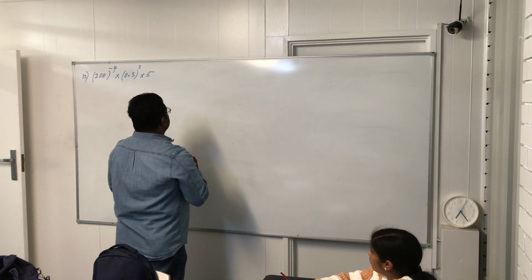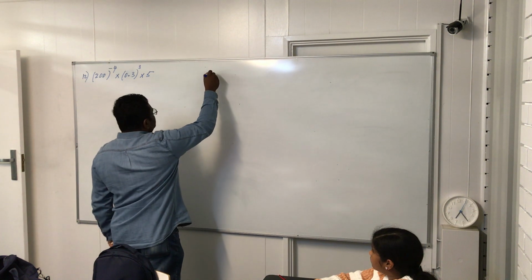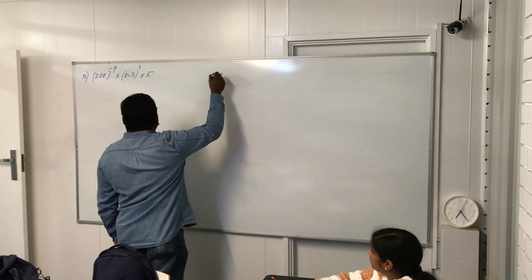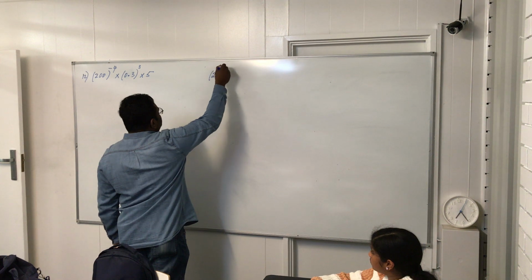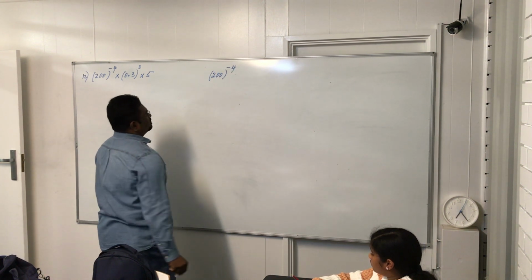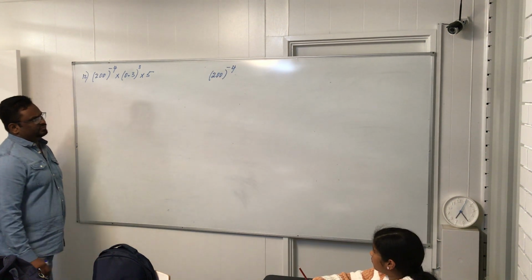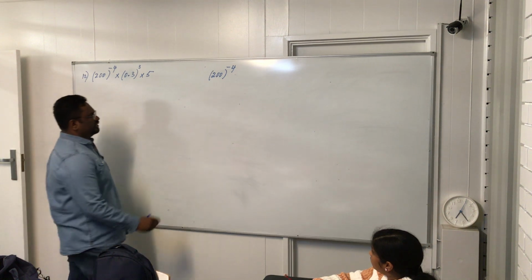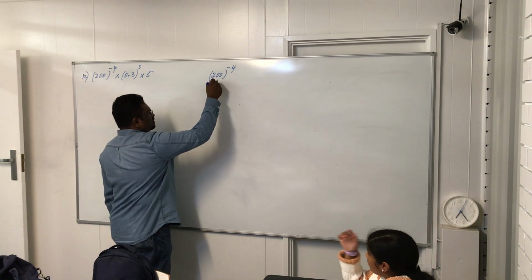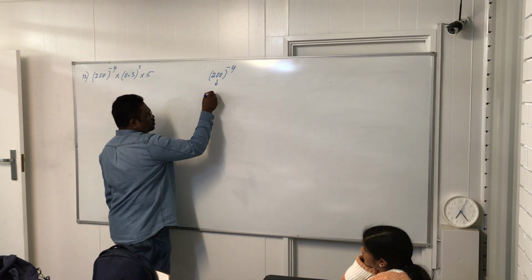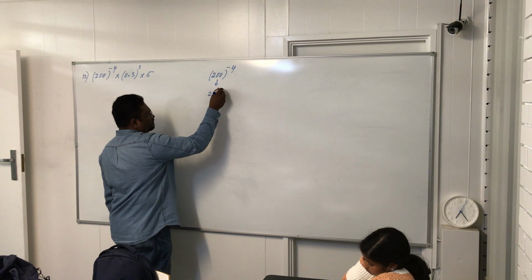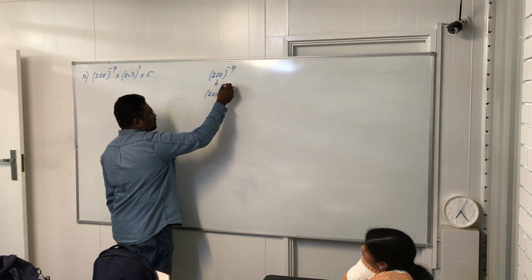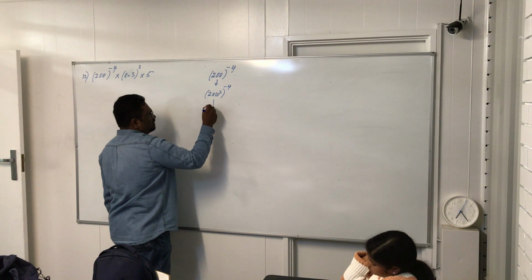Let's take part by part. 200 to the power minus 4. Then this one would be 2 times 10 to the power, then minus 4.